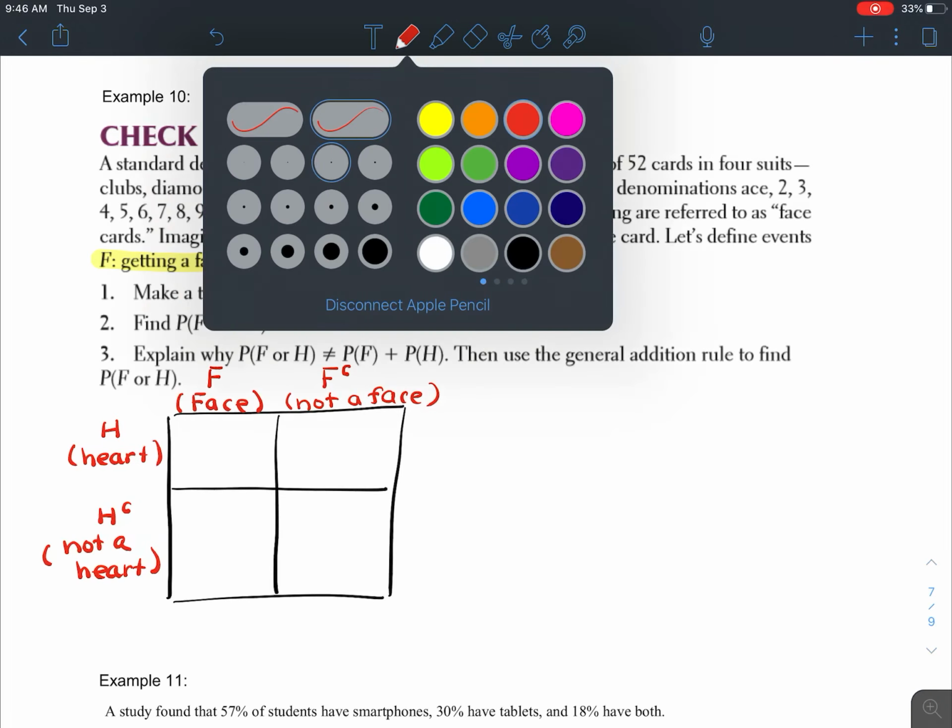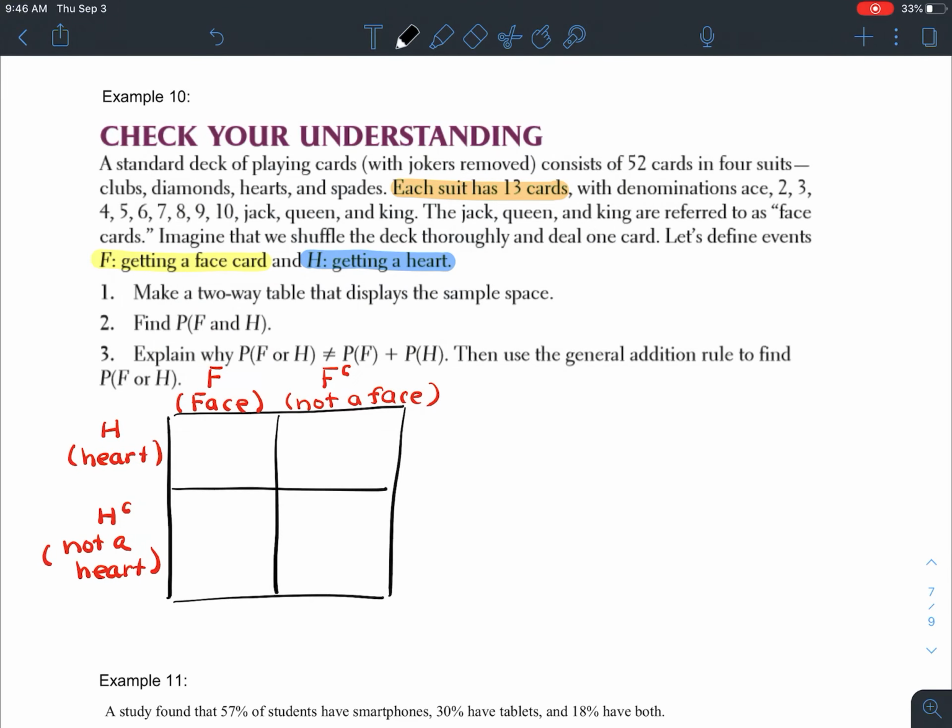Now we're going to need to put some totals to our rows and our columns outside of the box here. And so we're going to see if we can fill in our information. We know it told us here that each suit is 13 cards. So if we were to take this whole row here and add up just the number of hearts, it should total 13.